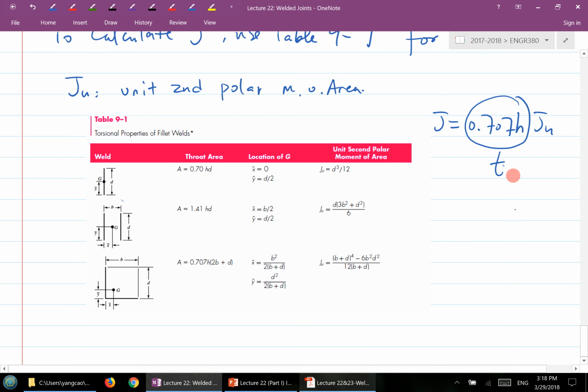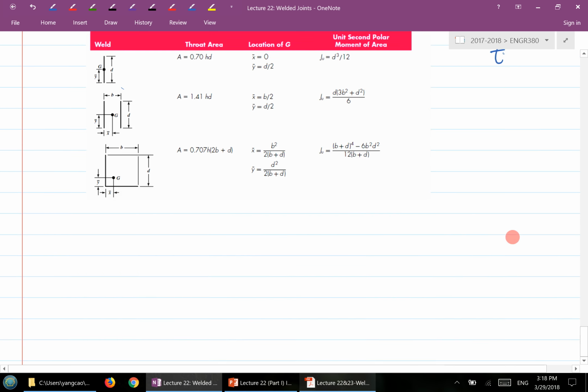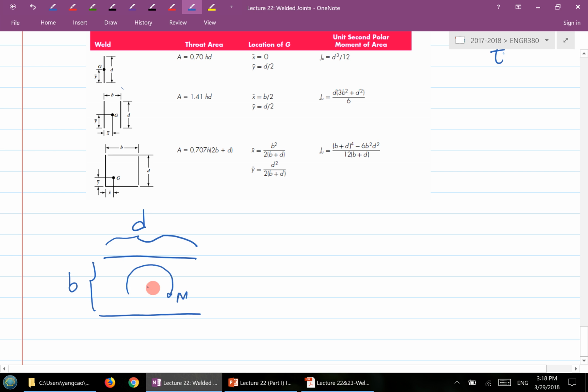Now, if I relate it to the calculation of tau x double prime and tau y double prime, let's say I have this is B, and this is D. If I have an M here, can you tell me what is tau x double prime? What is tau y double prime? Actually, I don't need you to tell me JU, because JU is already given.